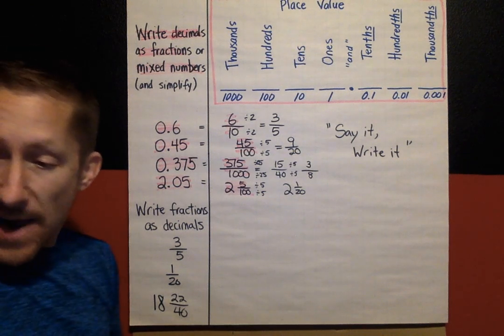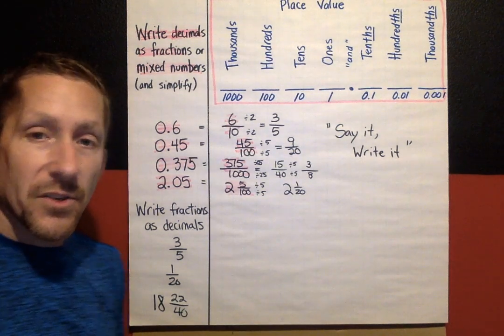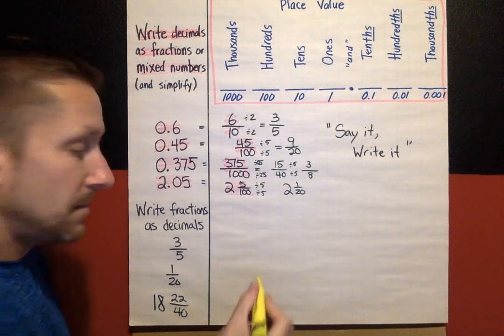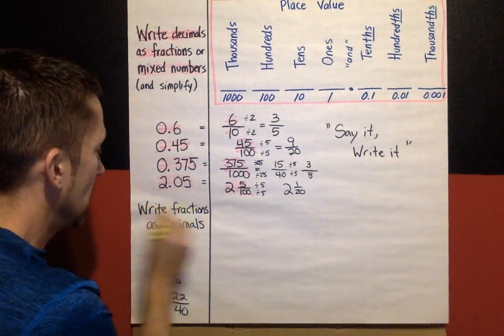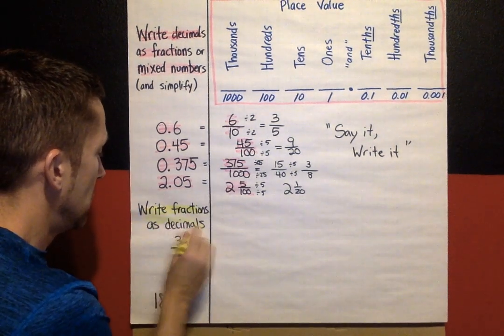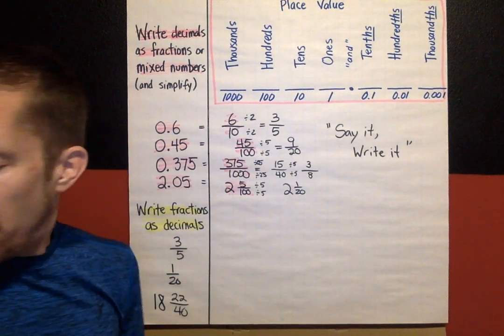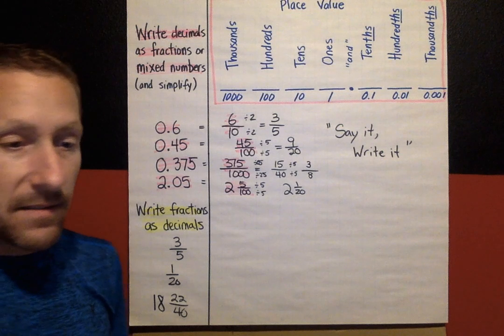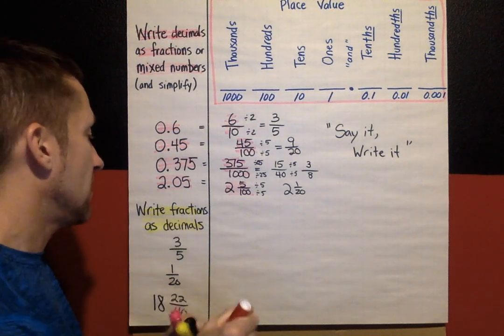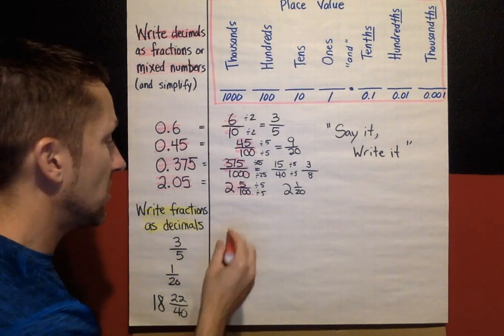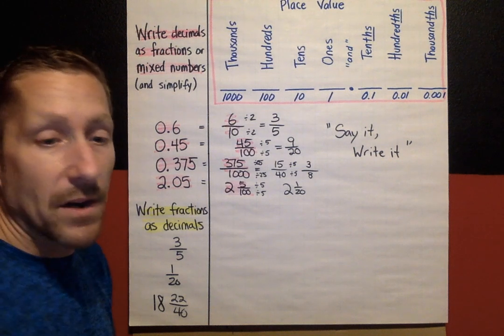Okay, so fractions to decimals. The strategy here is always, I'm going to put this in red because this is also the calculator rule, so this is a big one.